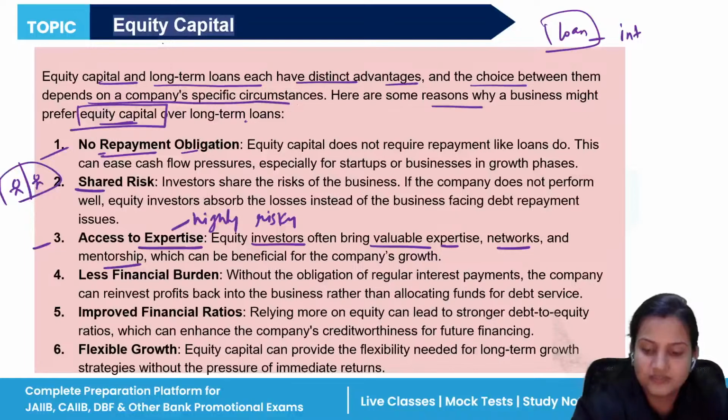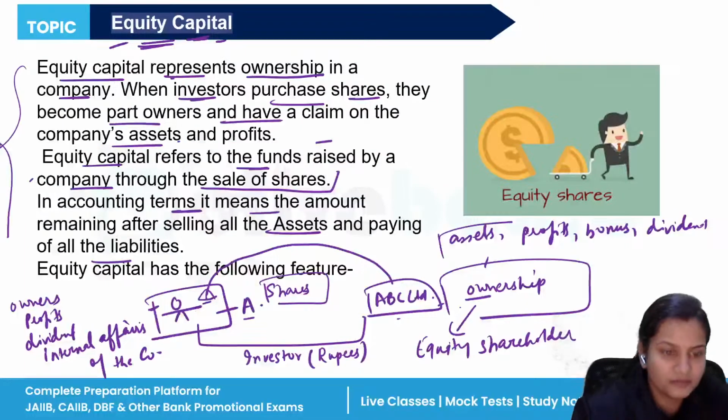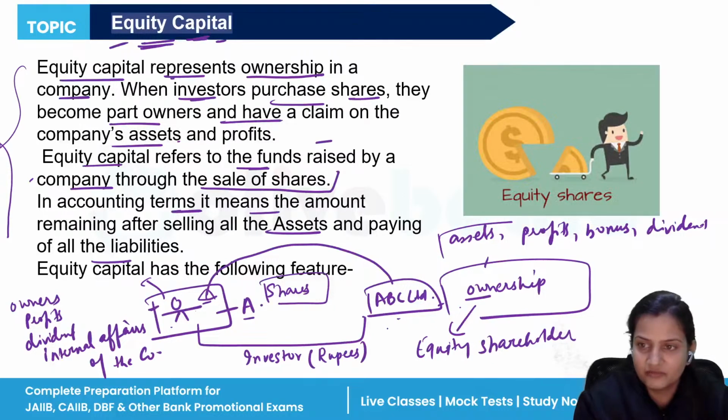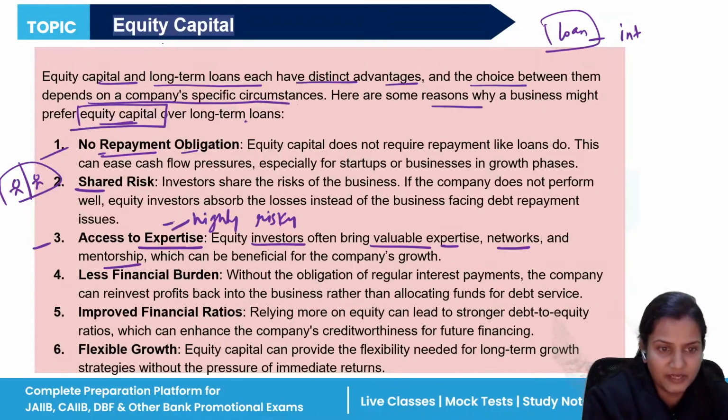If such an investor is investing in this particular business, then definitely this investor has some years of experience. He has a lot of business ideas. He has a great business model. That is why he is investing. And the company sees that this person is very profitable for the business. Okay, let's sell our shares to this particular person and make this person an equity shareholder. So they have expertise.